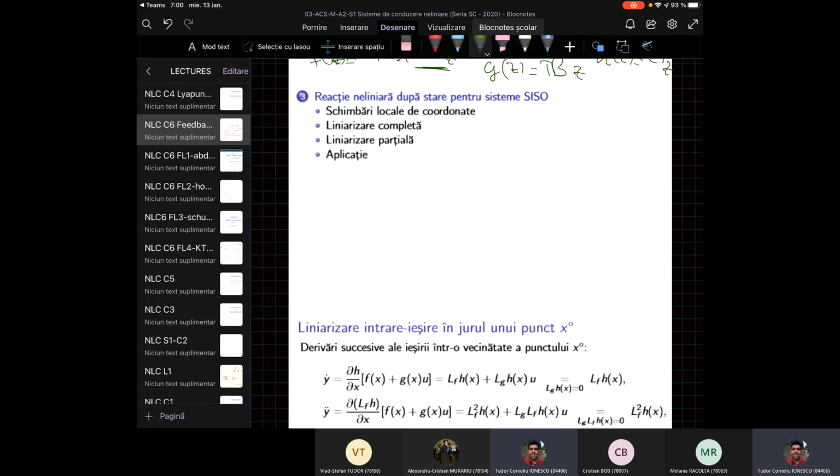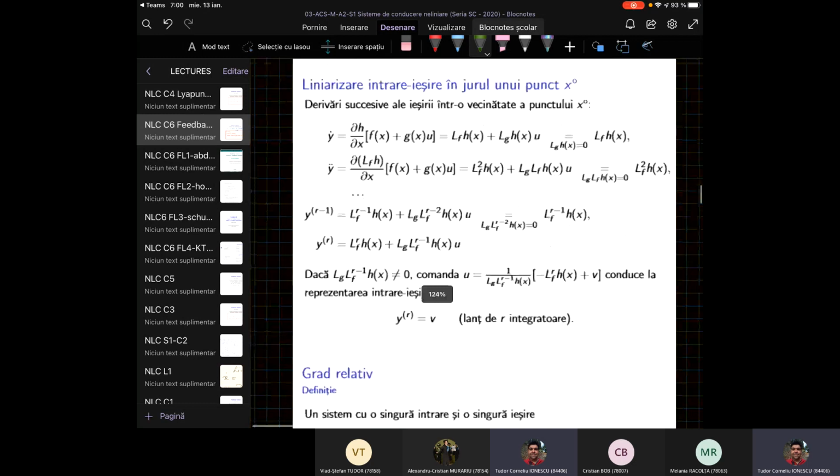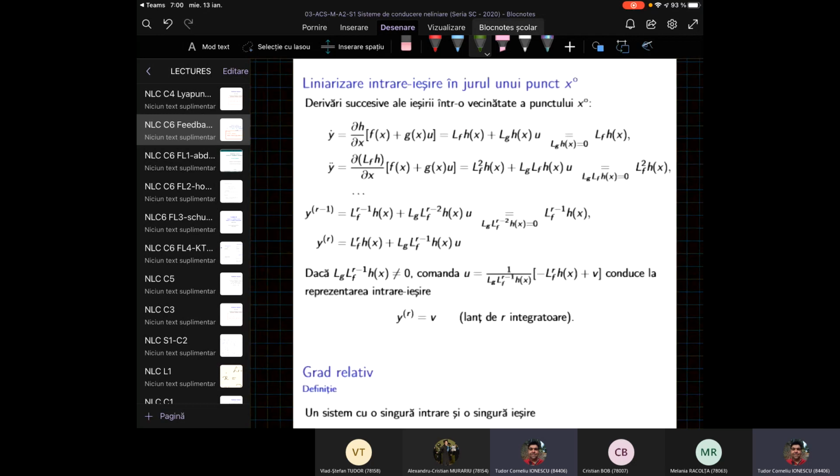Right. So, nonlinear state feedback for single input, single output systems. We are talking about local change of coordinates, about full linearization, partial linearization, and some application. So how do we do the input-output linearization around some point x naught? We successively take derivatives of the output in time.